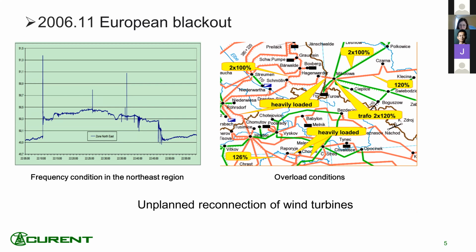And in the restoration process of the Northeast region, there was an unplanned reconnection of wind turbines. This action of the wind turbines actually led to chaos of the power flow in this region. And finally, we can see there were a lot of overloaded conditions in the grid, which brought some troubles in the restoration process.